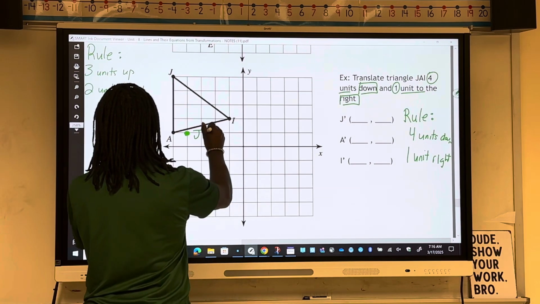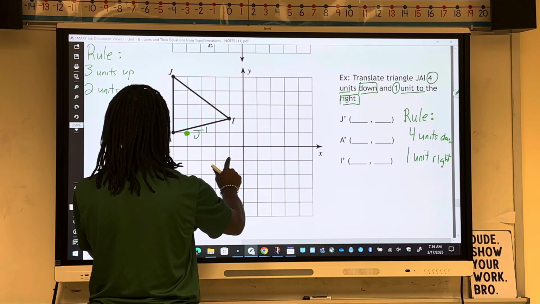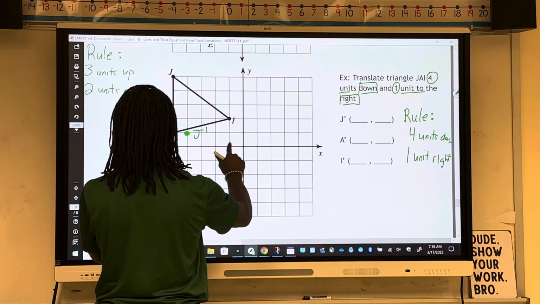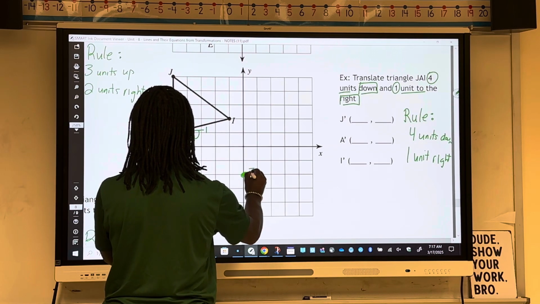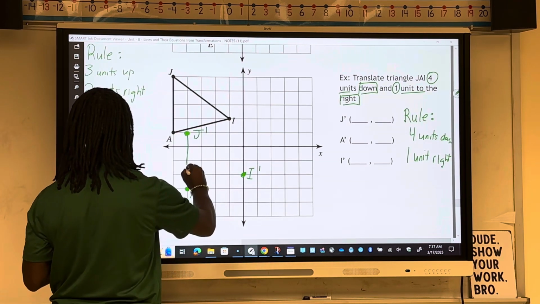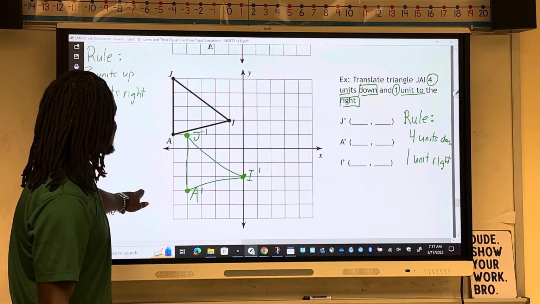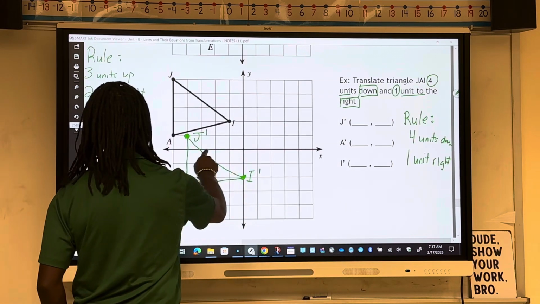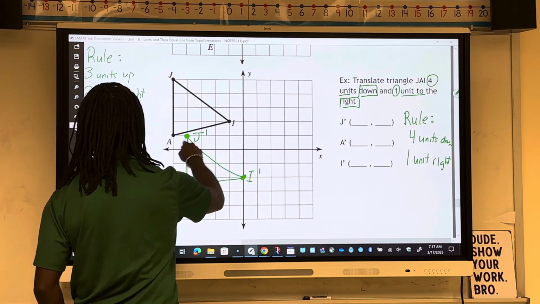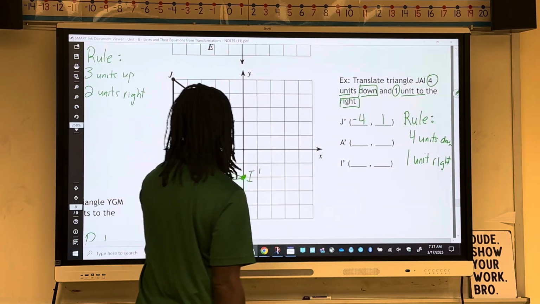And then I, 1, 2, 3, 4, 1 unit. And this is our new I. Make sure you add those apostrophes. All right. And then tell me the coordinates. For J, start at the origin, 1, 2, 3, 4, up 1, so -4, 1.